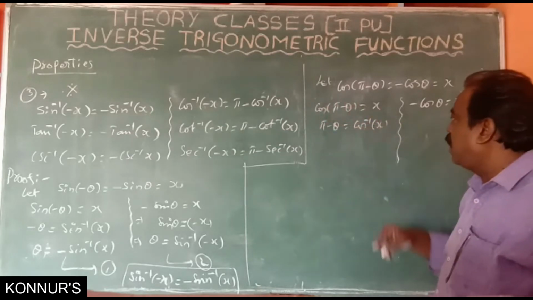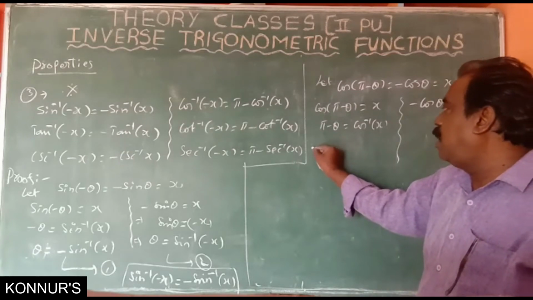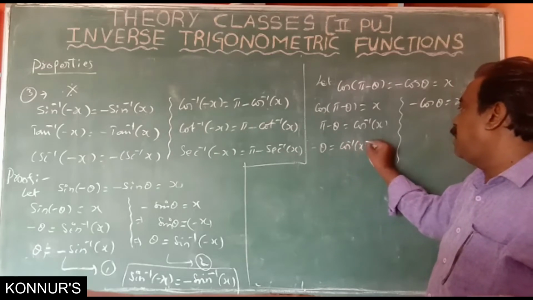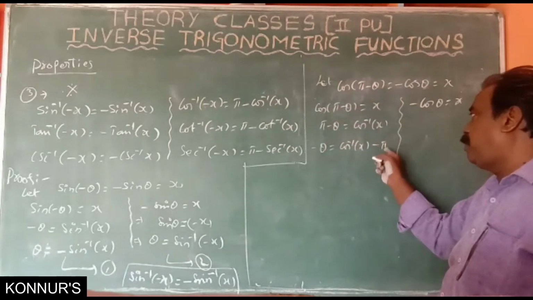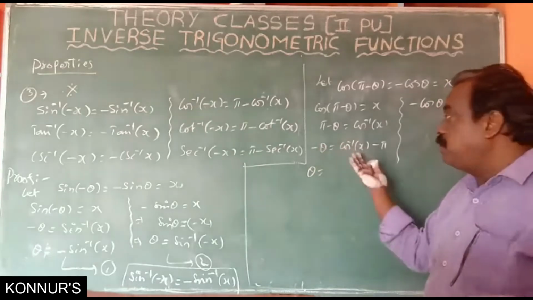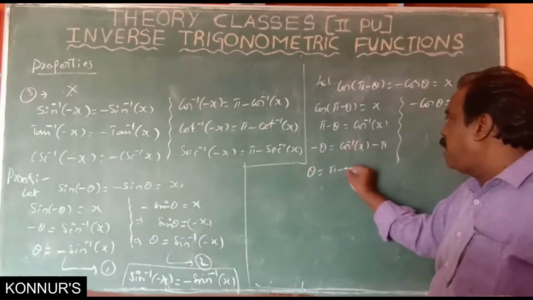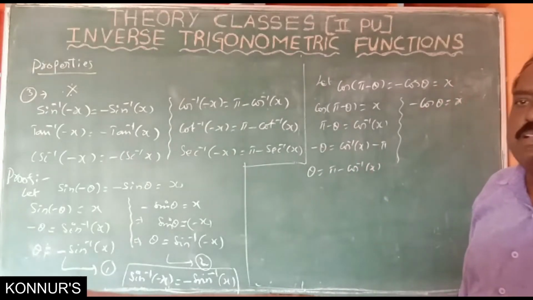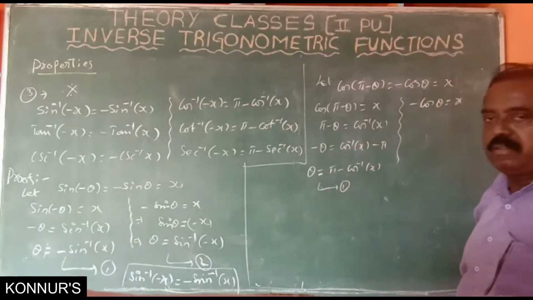Cos goes to this side, cos inverse of minus x. So minus theta is equal to cos inverse x minus pi. Minus theta, the minus pi comes out. Then theta is equal to, multiplying with minus on both sides, pi minus cos inverse x. All this arithmetic you can easily understand. So it is equation 1.